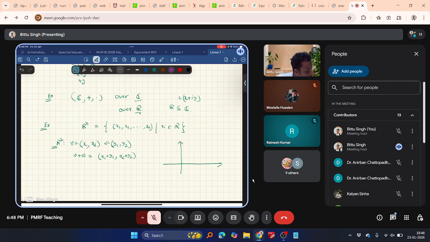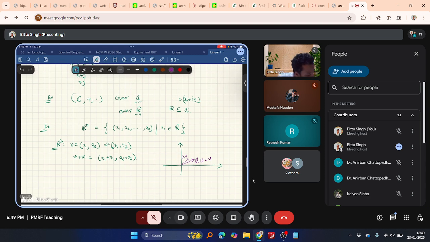So suppose there is one element, 2 comma 1, represented by the vector v, and suppose there is another element, 1 comma 1, like this. Then what will be the sum of those two elements?